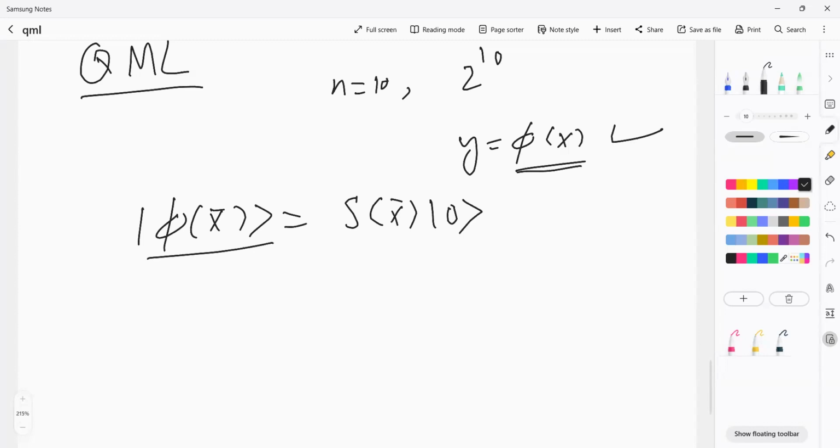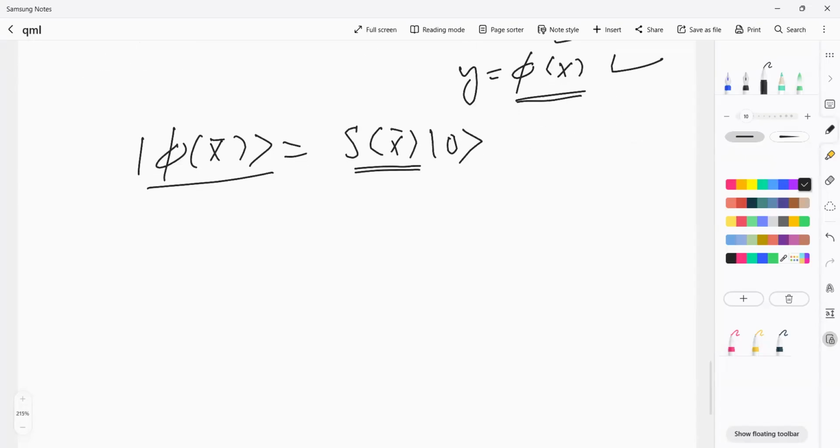So for example, this could be an amplitude encoding, a ZZ feature map, a Pauli feature map, and so on. This can be angle encoding, any encoding that you can think of. All these encodings essentially implement these transformations. And how do we compute this kernel? That means I have to compute this inner product between, let's say, a data point x_j and a data point x_i.